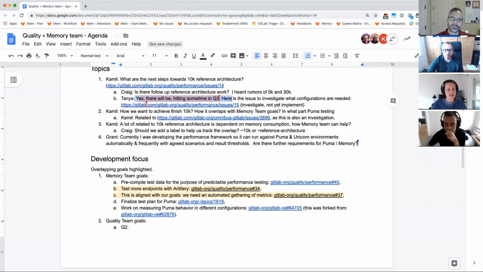I think that's a possibility. It depends on whether we decide to go with, here's the 3K and here's the 25K in addition to the 10K, or if we decide to say, here are various user personas and we're going to make 3 architectures that match these and shift the 10K into one of those.